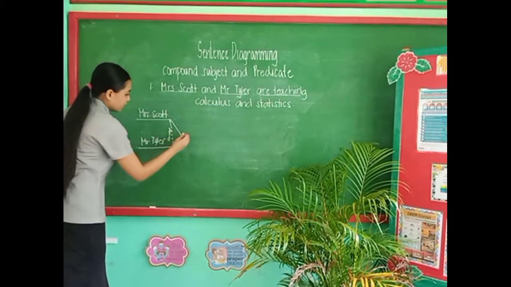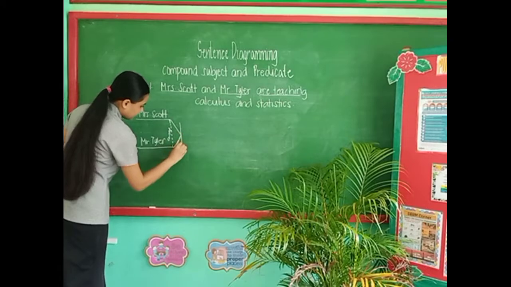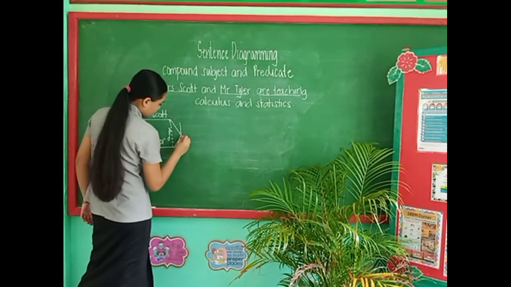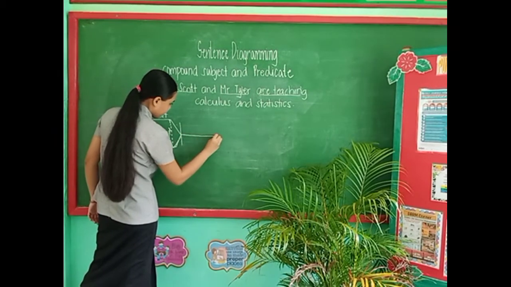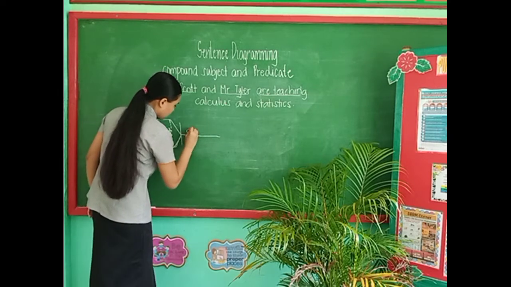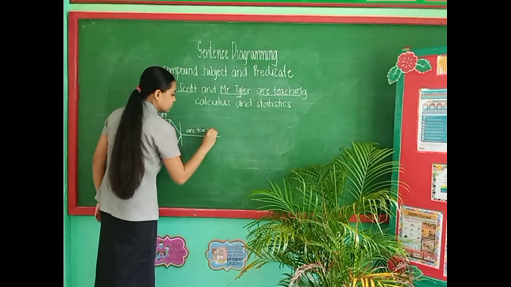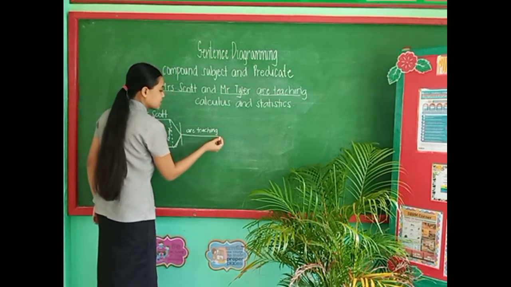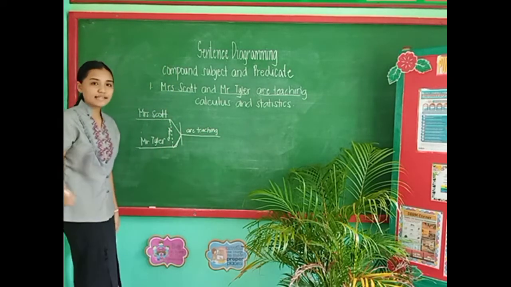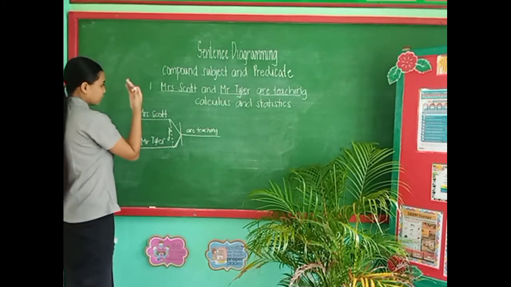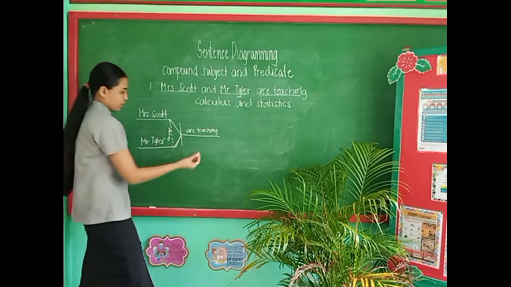And the predicate, so let us make a line here. The predicate will be here: are teaching. Once again, are teaching is the predicate because it dictates what the subjects are doing.